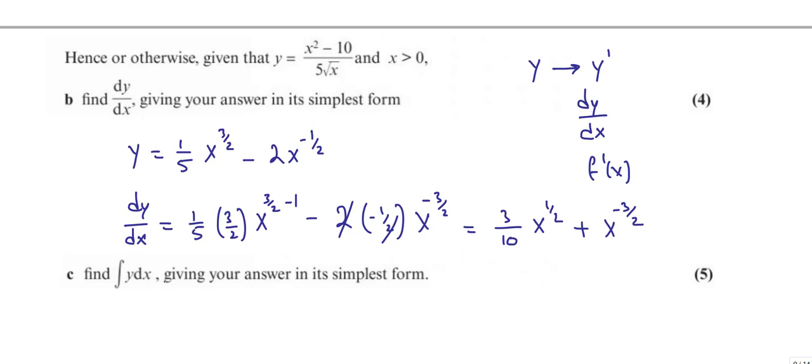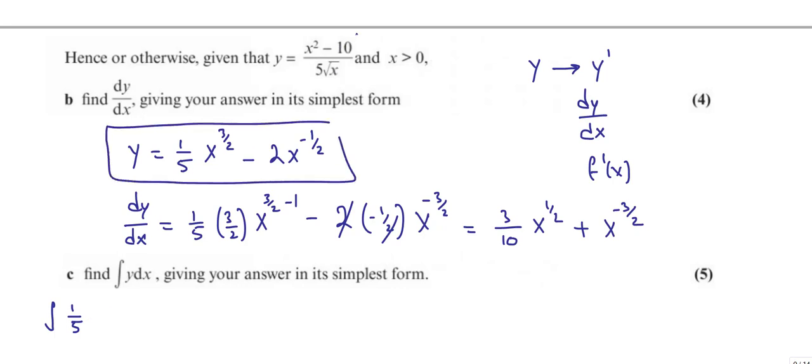Okay, it's clear. Integrating y with respect to x, dx. So the integration of 1 over 5, again I have to integrate this one. I can't integrate this directly, it's difficult, because we have a quotient, a denominator.